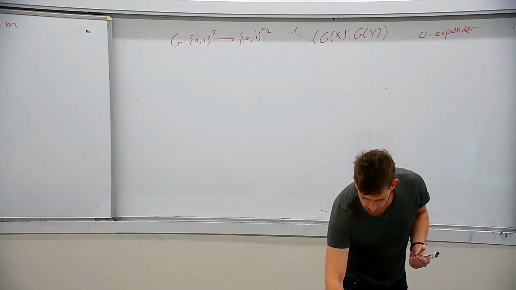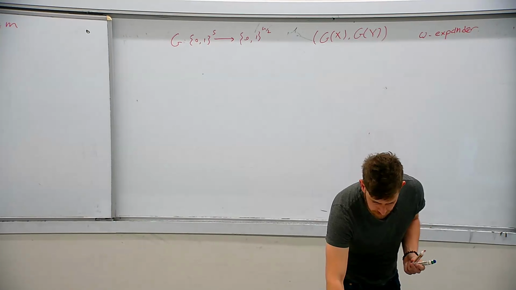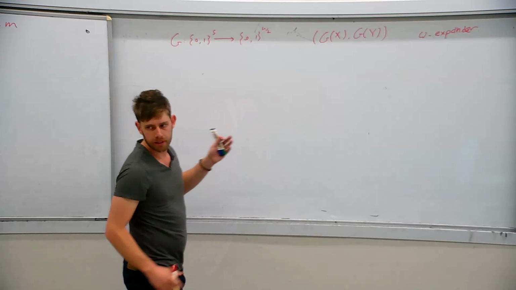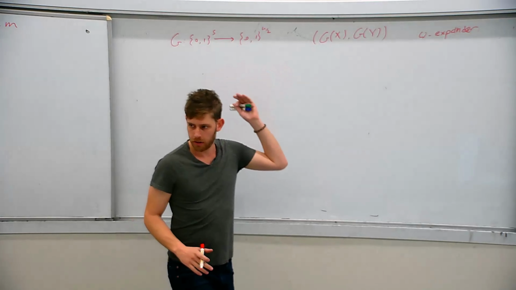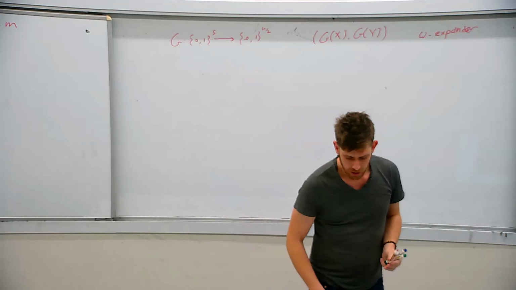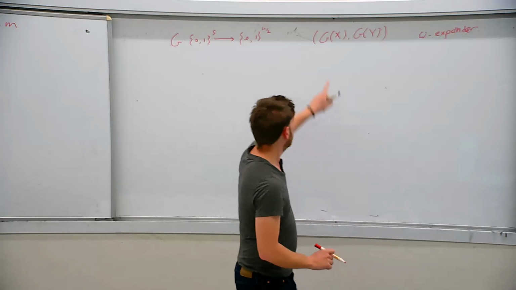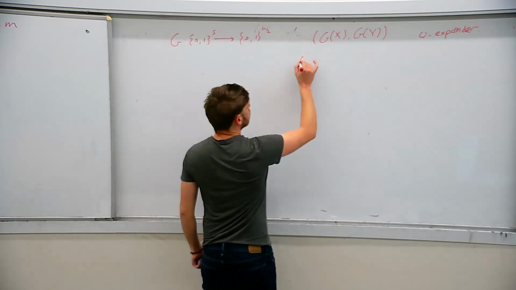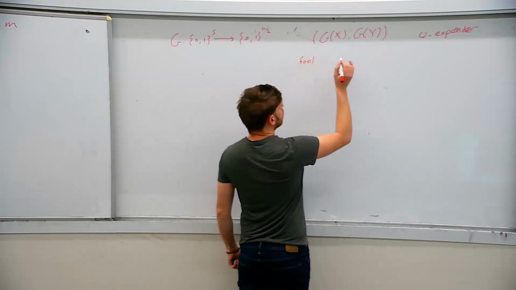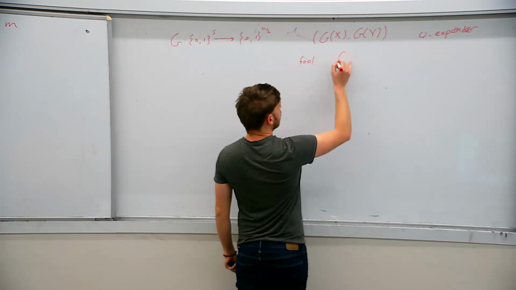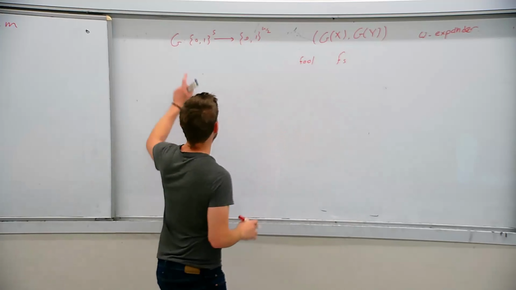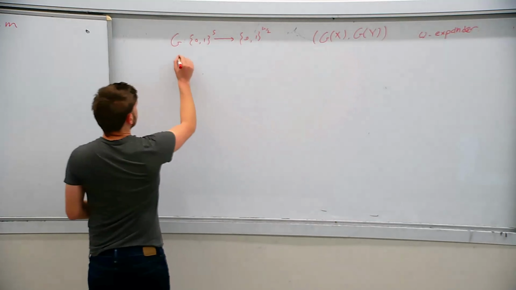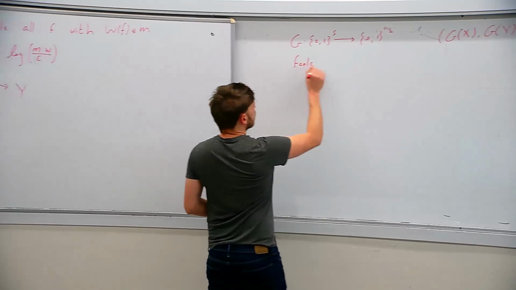So there are parameters W in the background and everything as always. And we'll show that these fool F.